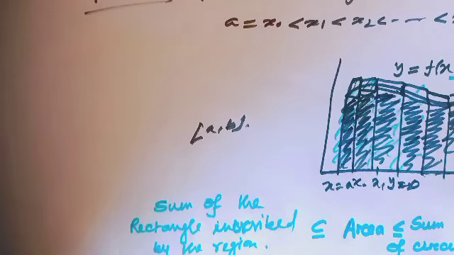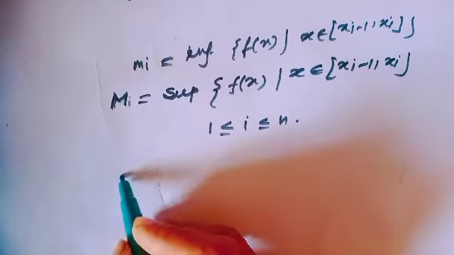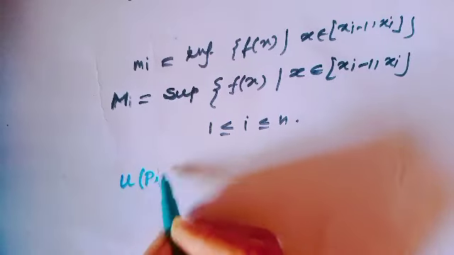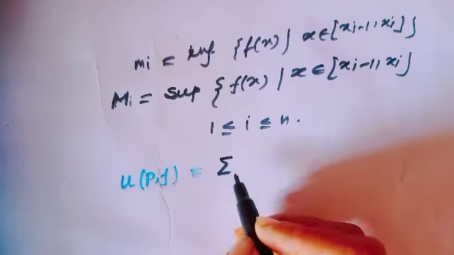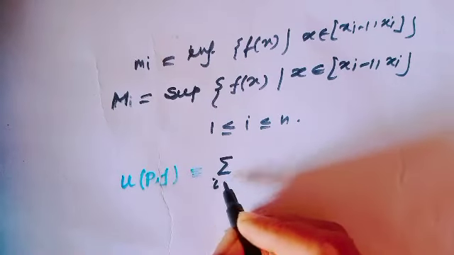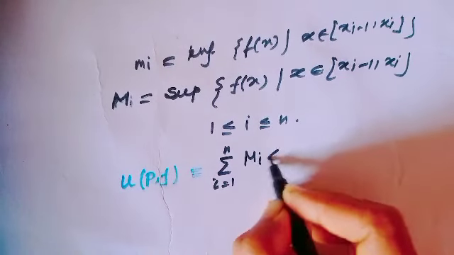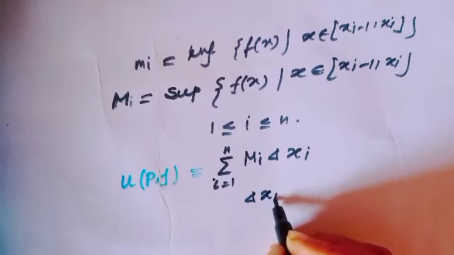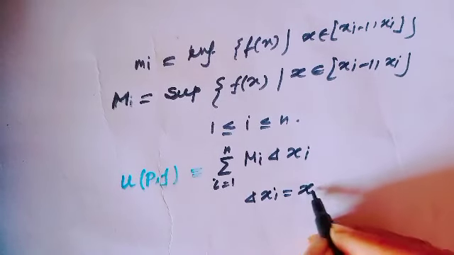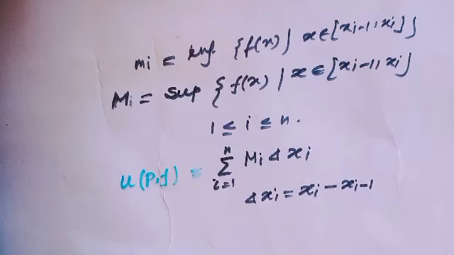Well, here the upper Riemann sum is defined as U(P, f), which is the summation from i equal to 1 to n of capital Mi times delta xi, where delta xi equal to xi minus xi minus 1.